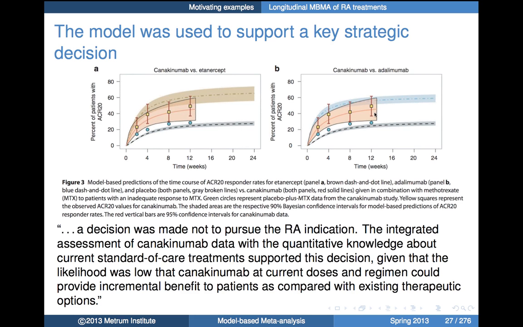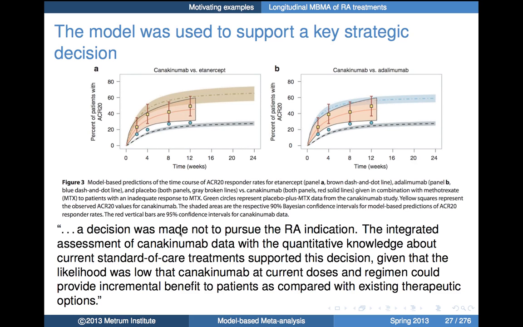for canakinumab. And you can see there is relatively little overlap in both cases with the time course for the comparator compound. So this indicates that at least at the doses that they had selected for canakinumab, it resulted in an inferior response compared to those particular compounds. The end result of this model-based meta-analysis exercise was that there was a decision to not pursue the RA indication for that compound.